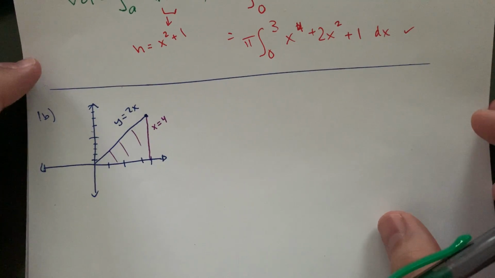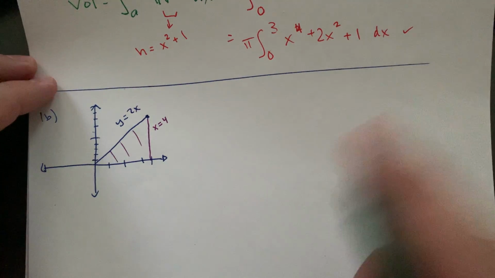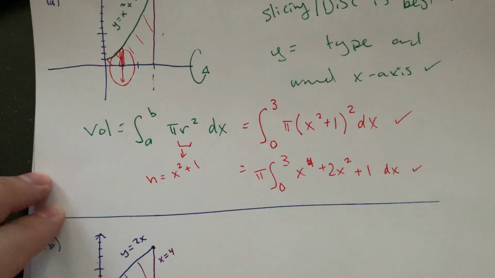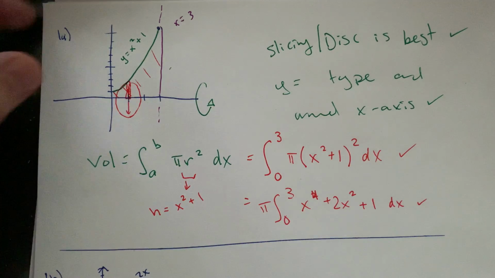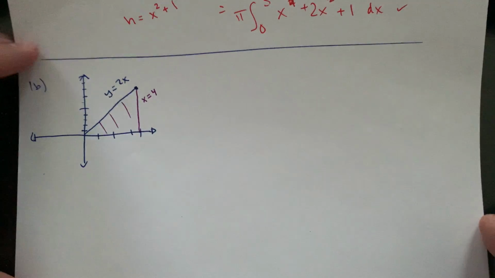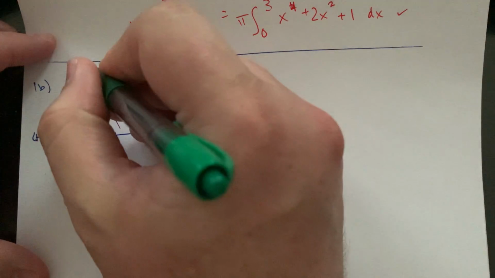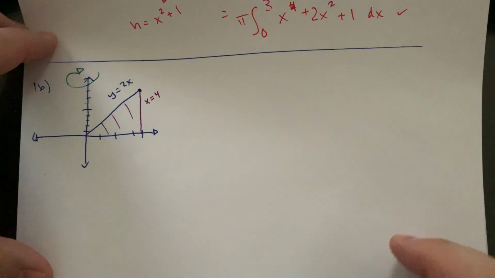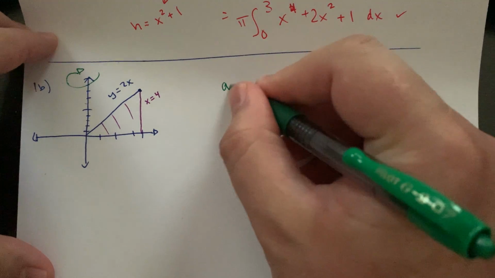In any event, this one is rotated around, so it's this region. If we went around the x-axis, this would be almost the exact same kind of setup as the one we just did, but twist, or should I say rotate. Oh my god. That's horrible. We're going around the y-axis now.